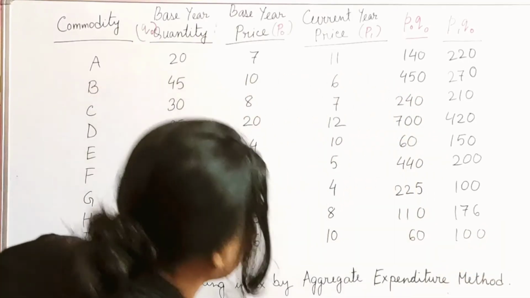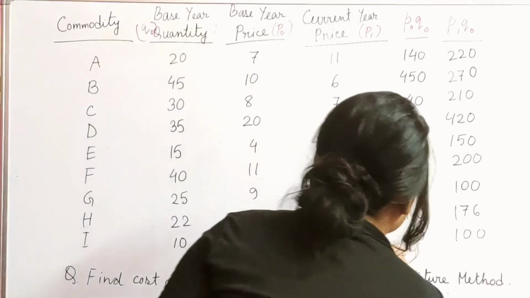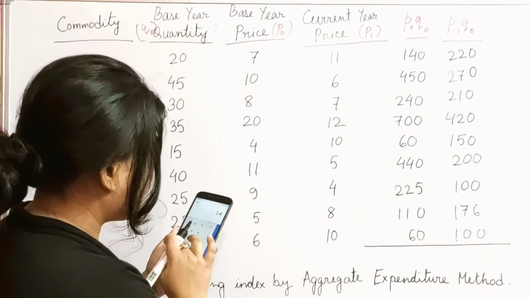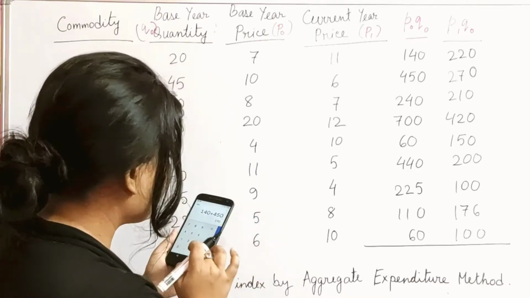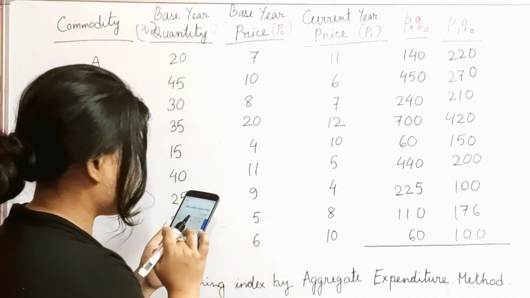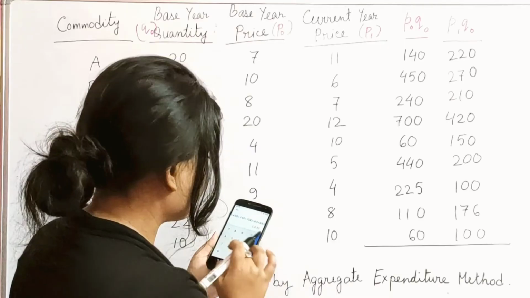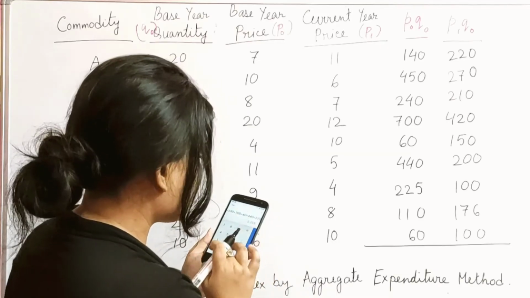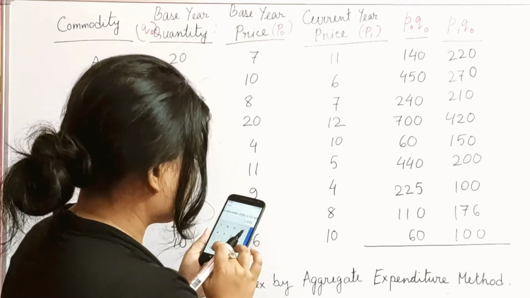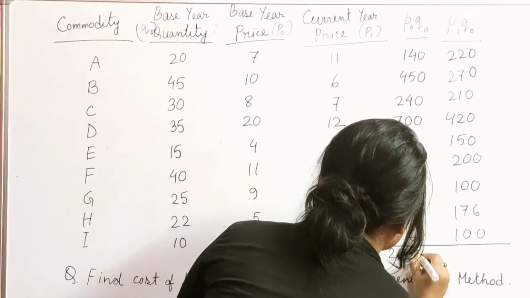So first we have found all the product values. Now find the summation value. 140 plus 450 plus 240 plus 700 plus 60 plus 440 plus 225 plus 110 plus 60 is equal to 2425.